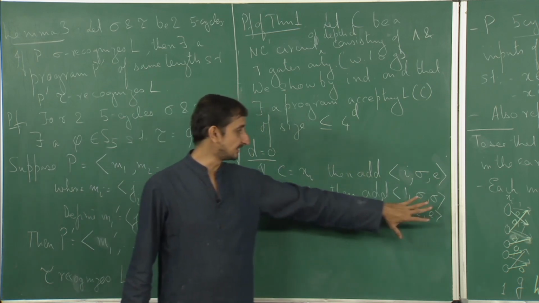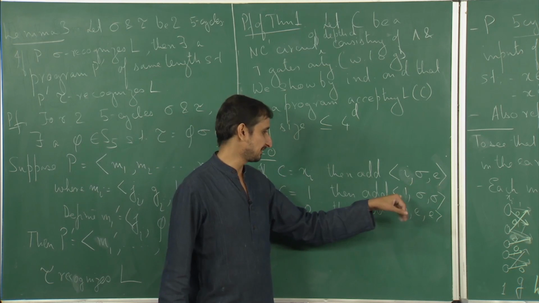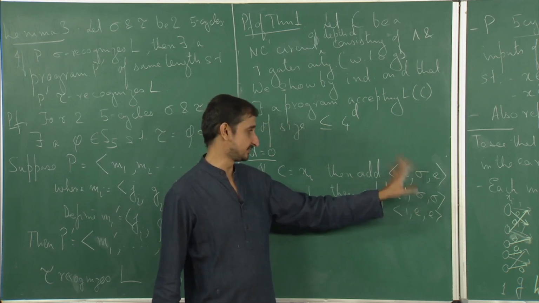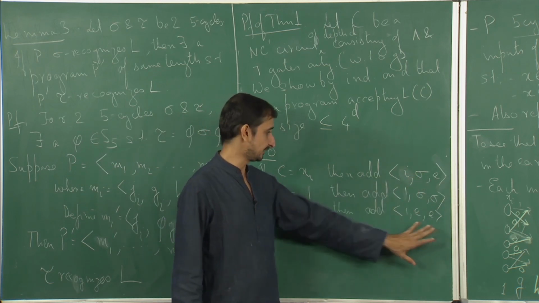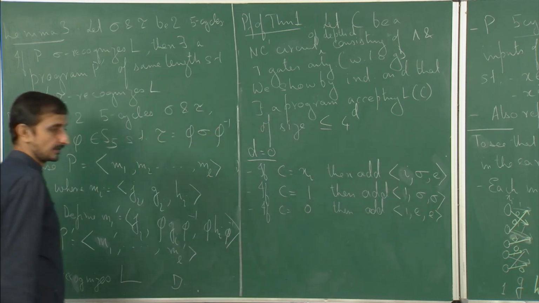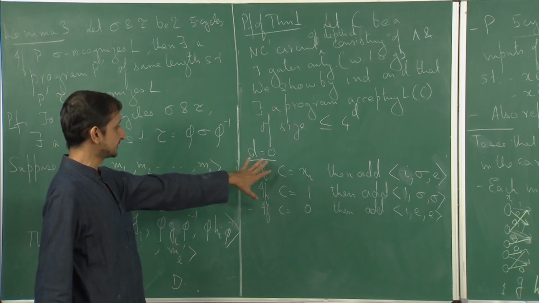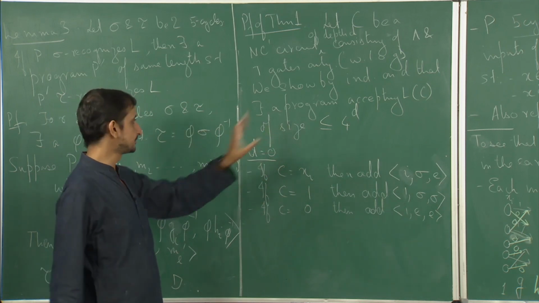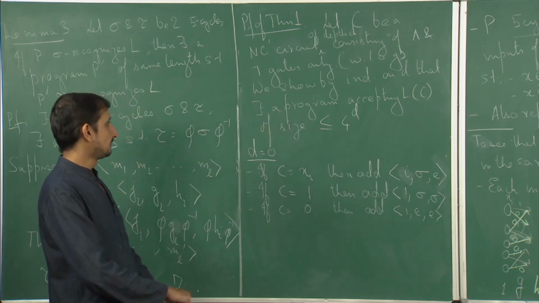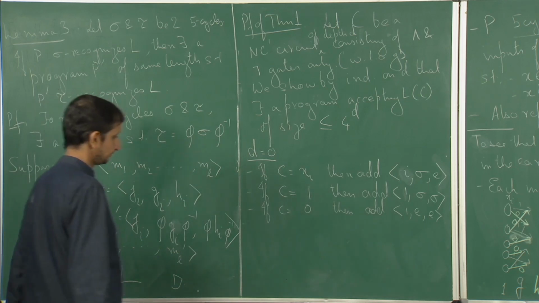If C is 1, then in either case it outputs sigma for any variable 1. So, 1 is just some candidate variable, it does not matter. Otherwise it is outputting E. So, in this case there is one instruction if D is equal to 0, so it is bounded by 4 to the power 0, which is 1.